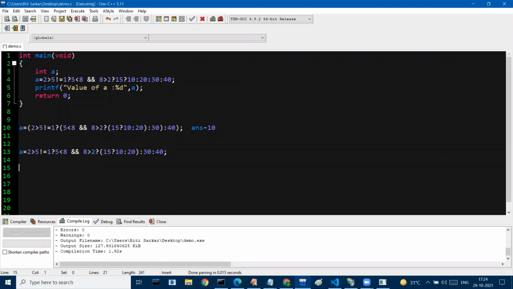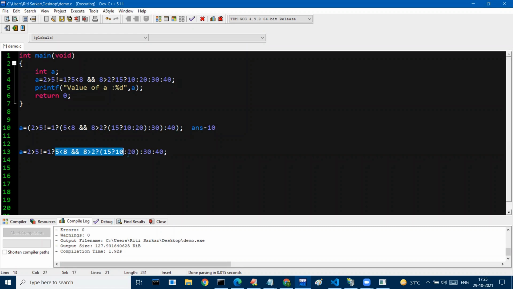The correct thing is that up to the question mark, this entire part should be considered as expression 1. Why so? Because then only the logical and will have this as its second operand. So for this conditional operator, this entire part is my expression 1, this is my expression 2, and this is my expression 3.